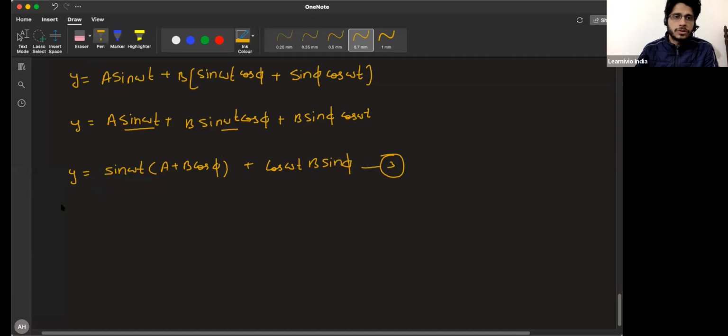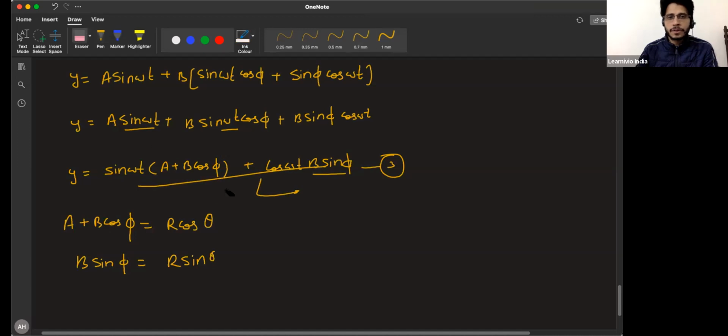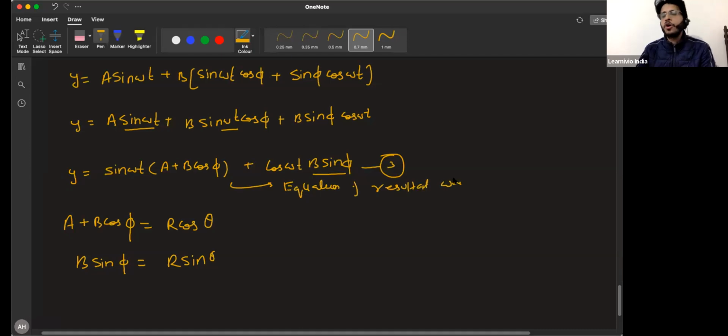Next, we put A plus B cos phi as R cos theta, and B sine phi as R sine theta. This is the equation of the resultant wave, meaning the wave obtained after the superposition of two waves.